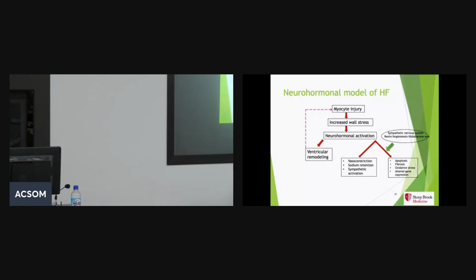I start getting hypotensive. Cath lab. So how am I going to survive?